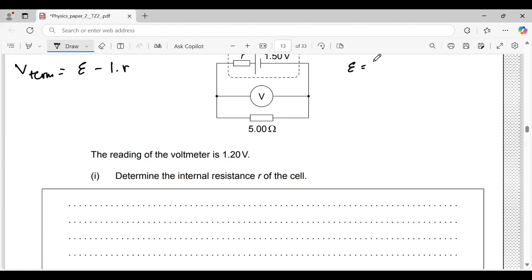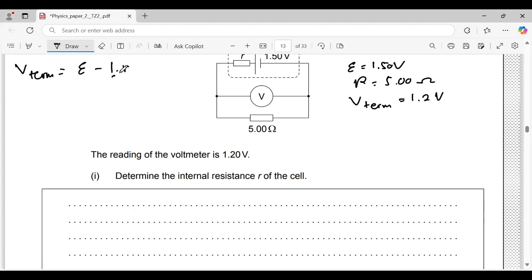EMF is 1.50 volts, the external resistor R is 5.00 ohms, and V terminal is 1.2 volts.